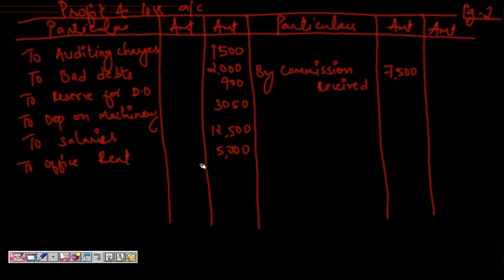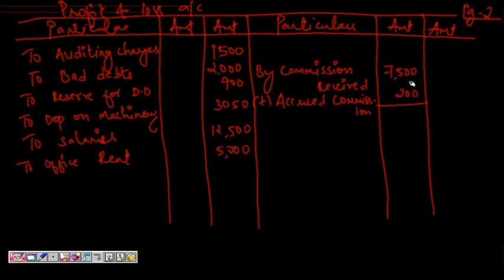So I have already said that anything to be received is an asset. Anything received in advance is a liability. But here commission to be received, that means it's accrued commission. Anything to be received, we call it accrued commission. So you add to the value, that is accrued commission, because we have not yet received this value. That's the reason we are adding to the commission received, 200.